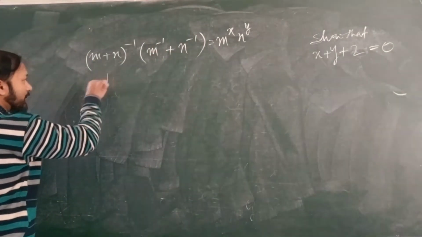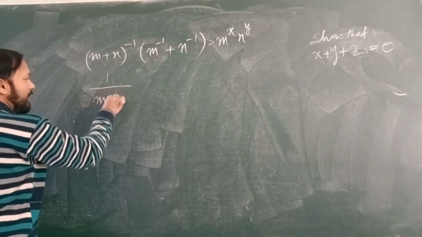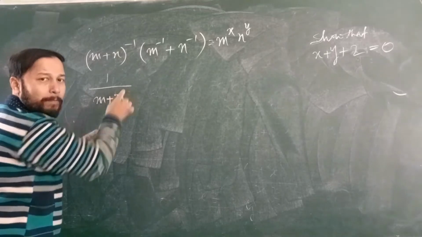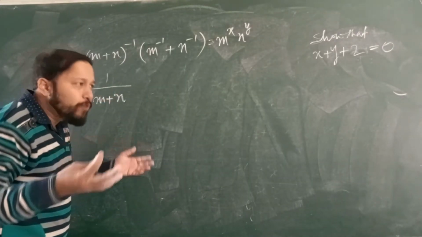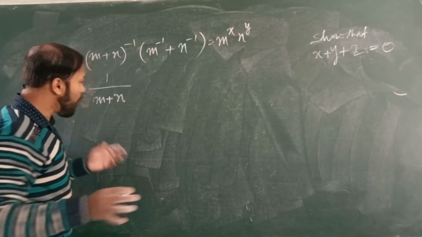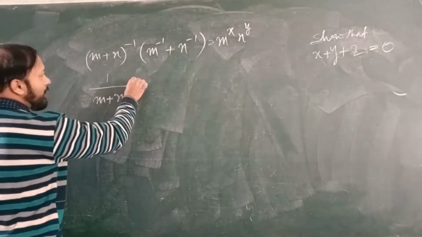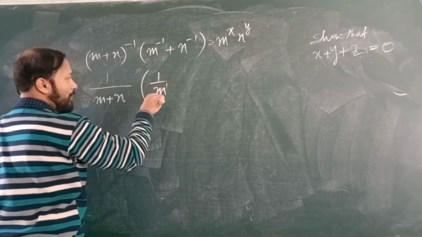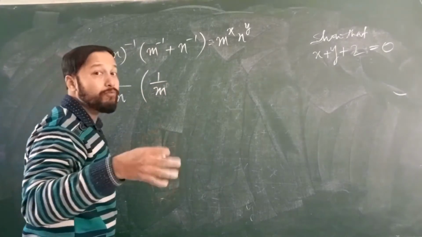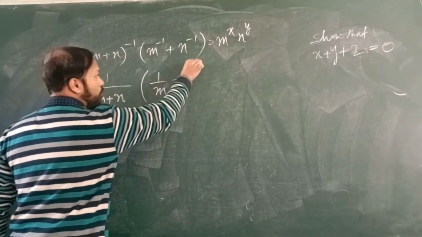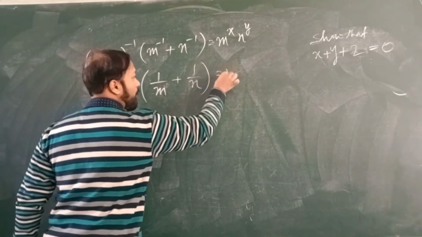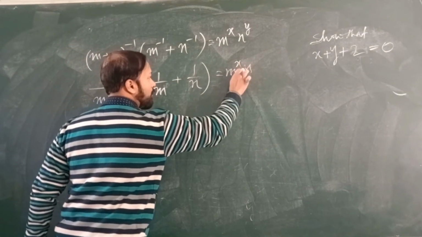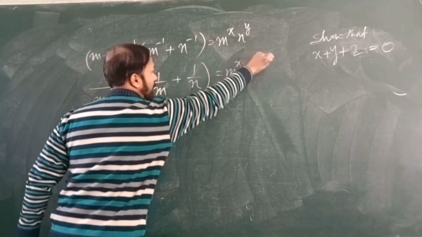So here I can write n plus 1 by n to the power 1, but power 1 we do not write. Plus 1 by n to the power x, n to the power y.